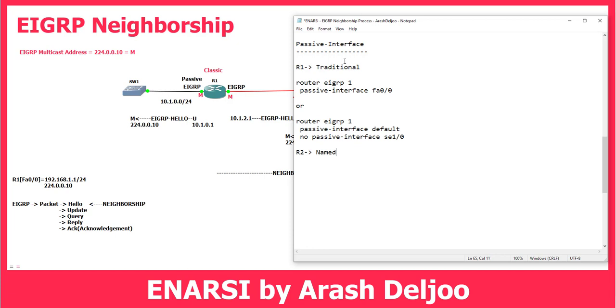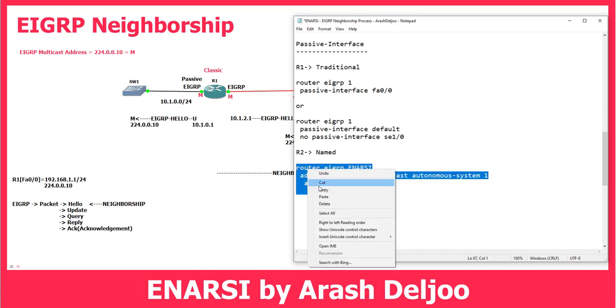Okay, named mode. Let me configure router EIGRP ENARSI, then address-family ipv4 unicast autonomous-system 1. Here you can go to the af-interface FastEthernet 0/0, then passive-interface. This is the first method.